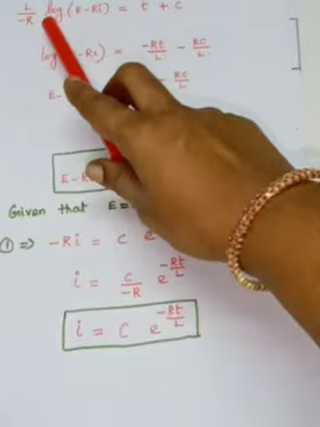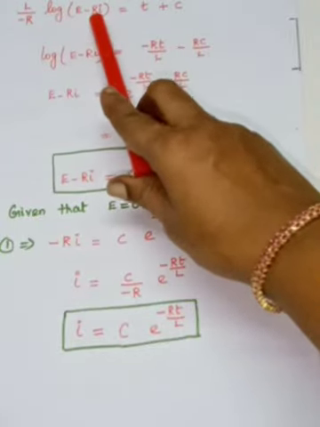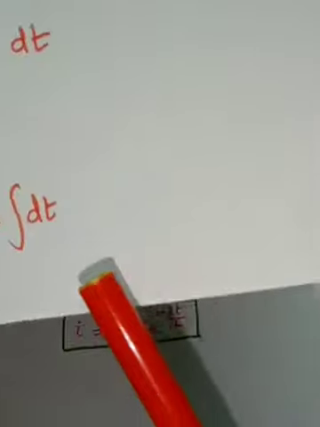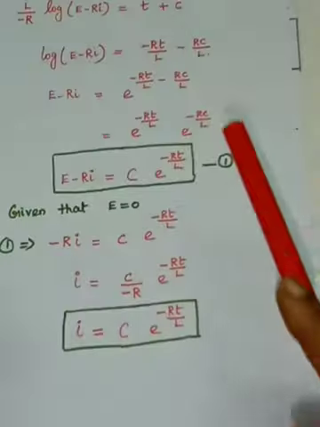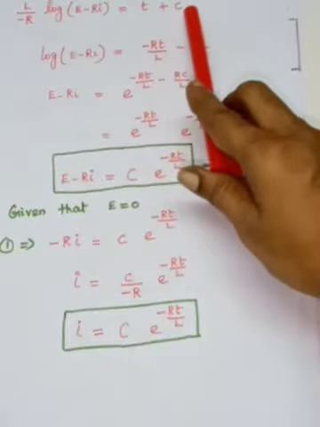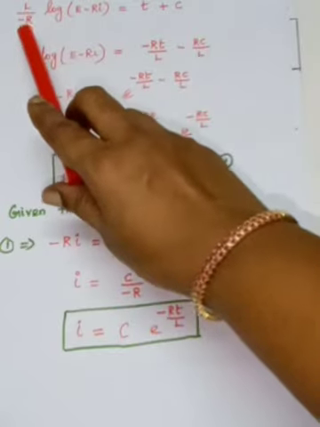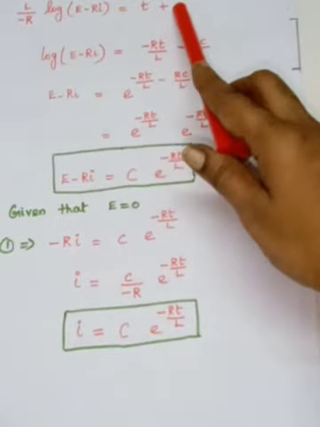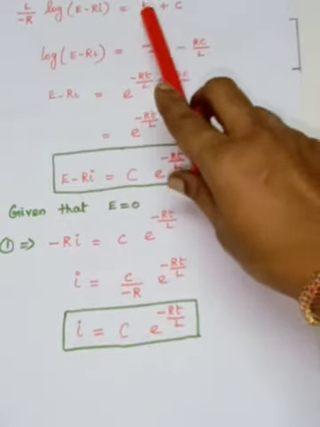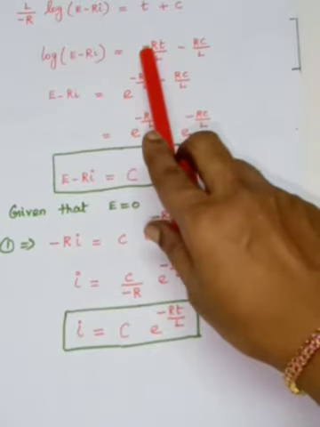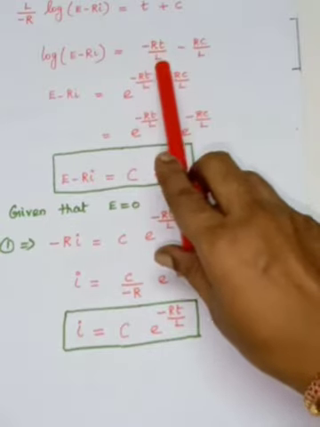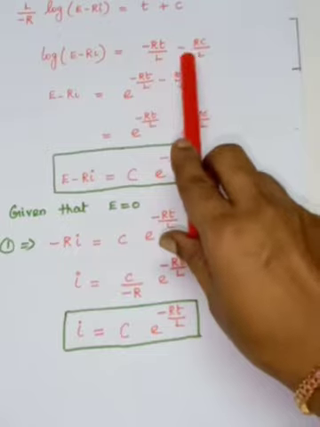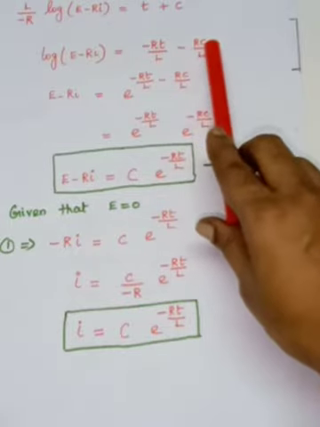Therefore log of E minus Ri is equal to, what is the integral of dt? It is t plus c. So the L by minus R has to be brought to the right side, and you have to multiply with both the terms. So it will become minus R by L into t minus R by L into c.